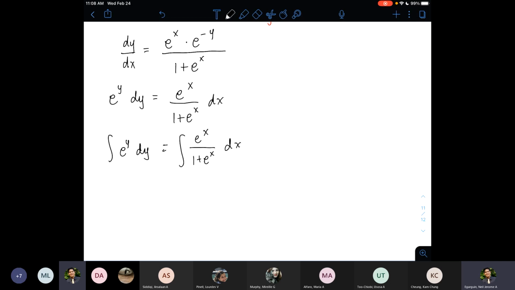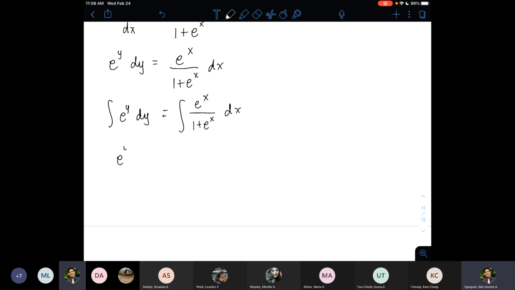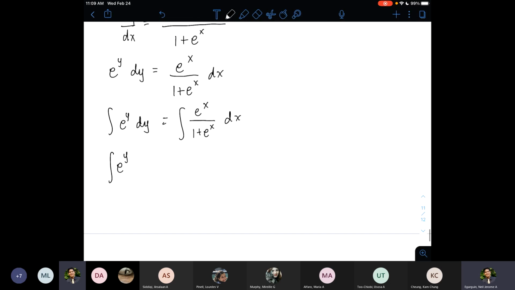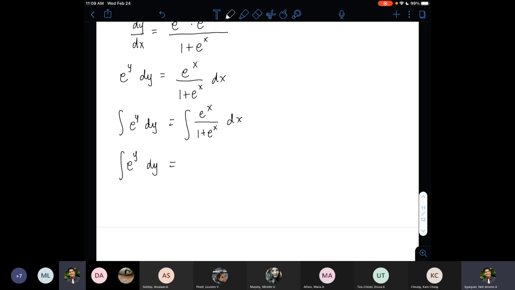It's just the integral of e to the y dy. So that will just be e to the y. Supposedly, there's an arbitrary constant that comes with the integration. But again, if you remember, our convention is that additional constants can be lumped together into just one constant. I'll put that in the right-hand side. So maybe I'll integrate later, because you notice that the right-hand side will involve a u substitution, right?